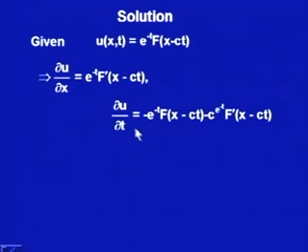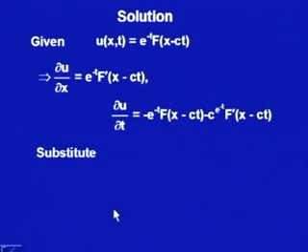Del u over del t would be e to the power minus t, first this function and then f of x minus c t as such. Then the derivative of this with respect to t is minus c times e to the power minus t f dash of x minus c t.